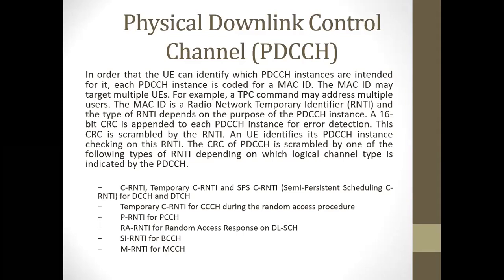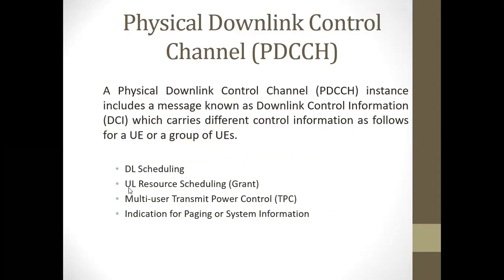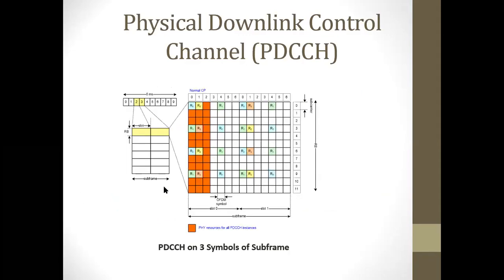When it finds that it is scrambled, it considers it's for myself, and only then it reads that PDCCH instance, which can include the resource allocation information, like which resource blocks are allocated to that user. So he will then go ahead and read those resource blocks and find out its downlink data.